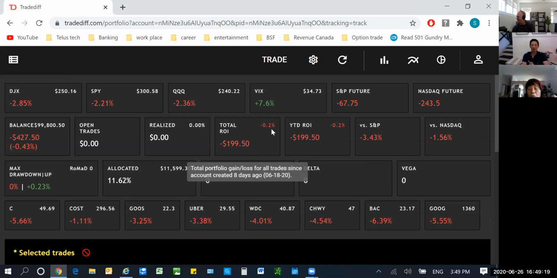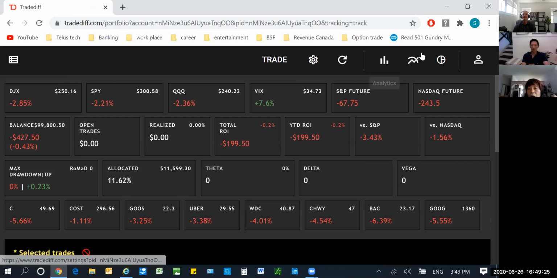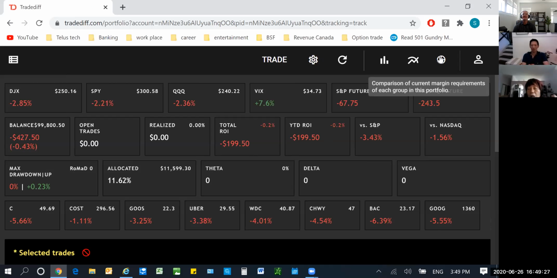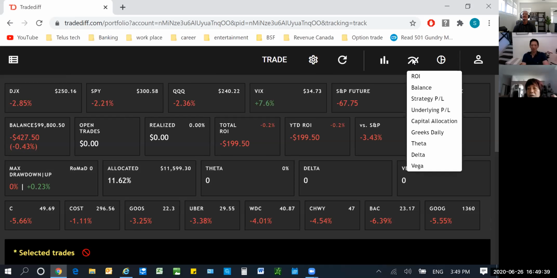And the last thing I want to show you is to go up to the top and click on one of those icons. Go to the right, the left one, the one next to the bar chart. Hover over it, click on that, and click on ROI.